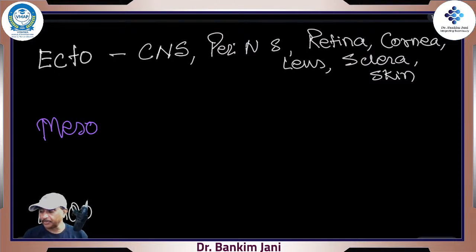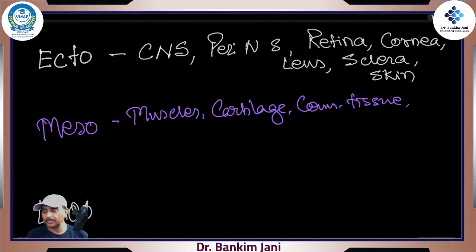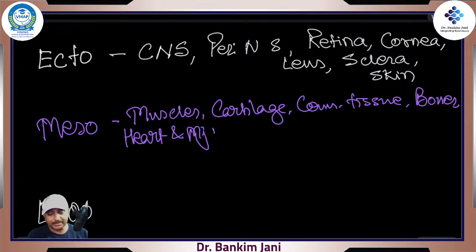What about the meso? Middle layers. Everything in the form of, say, muscles, cartilage, right? Connective tissues, right? All of that is thanks to this. Then, obviously, bones, right? Then it will make a very important structure, and that is heart and major vessels.